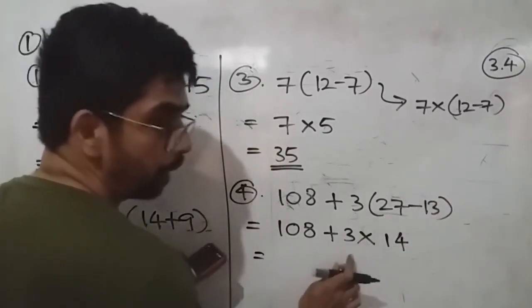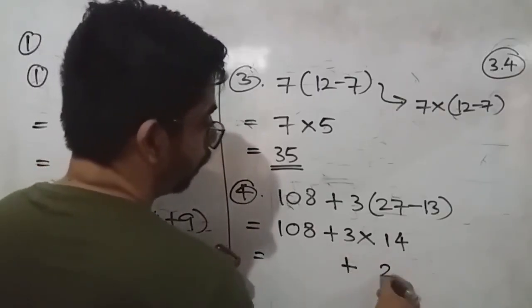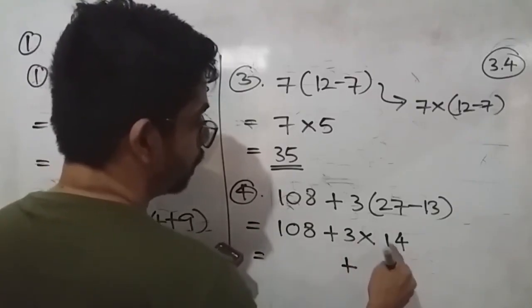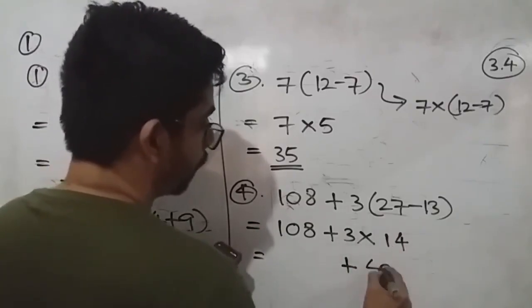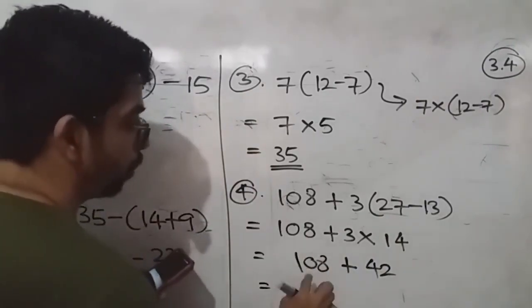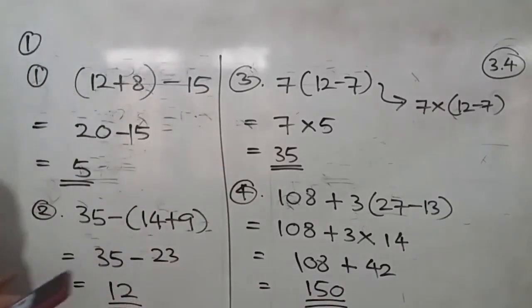Then we have to multiply that from 3, right? So 3 times 4, there's a 12, that is 12, carry the 1. 3 times 1 is 3, add the 1, it becomes a 4, plus 108. So 104 plus 42, that means the answer is 115.